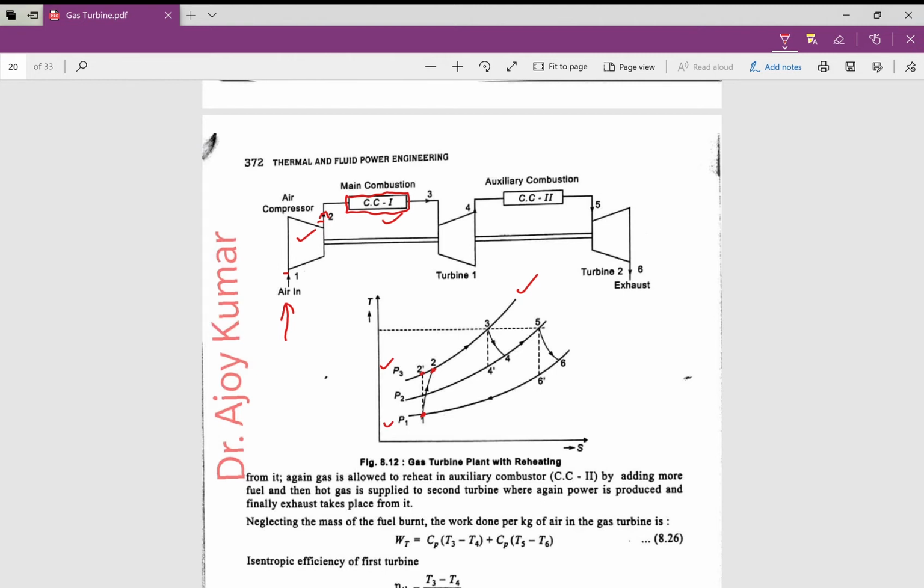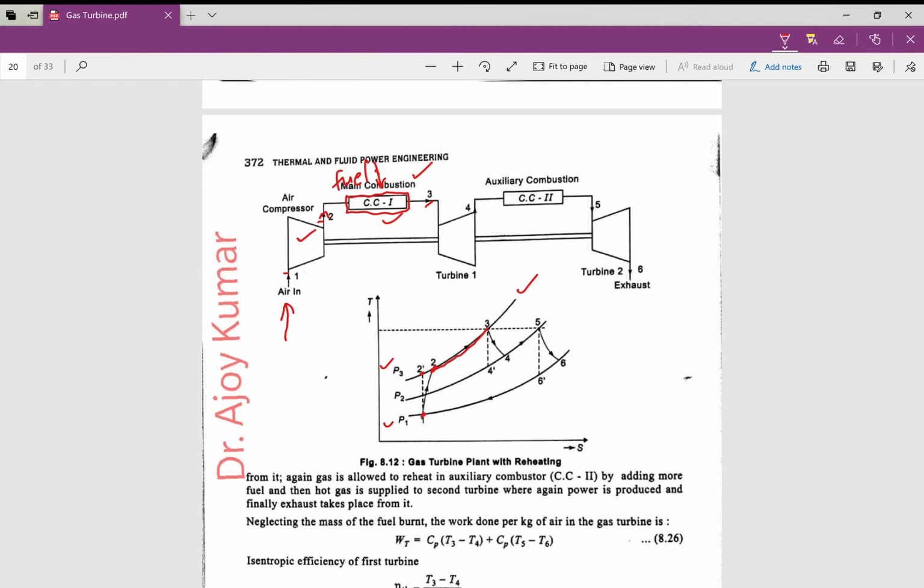which is a main combustion chamber, we can say, where fuel is supplied from outside, which burns in the combustion chamber. After burning at point 3, we get air at very high temperature and pressure as well. So from 2 to 3, in this process heat is supplied.